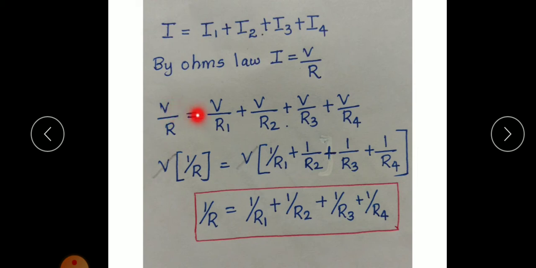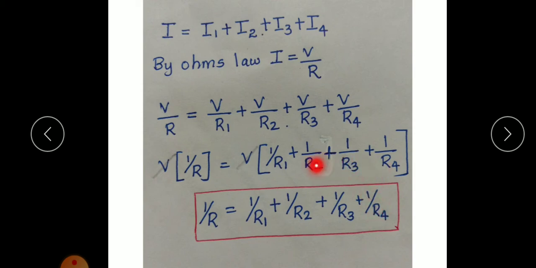Here the voltage applied to each resistor is the same. So we can cancel the voltage on both sides, so that we will get the equation as 1 by R is equal to 1 by R1 plus 1 by R2 plus 1 by R3 plus 1 by R4.